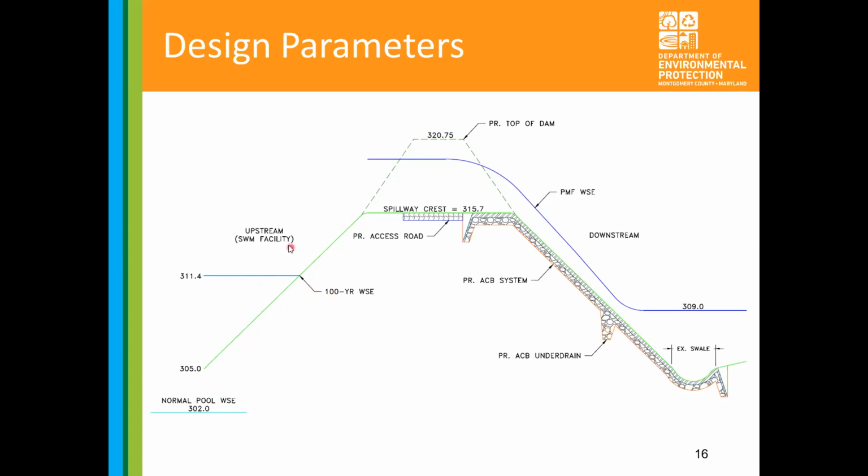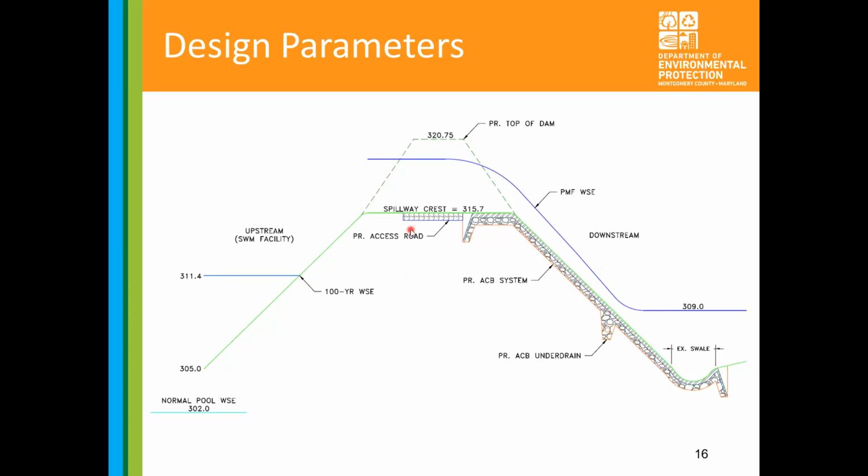The swim facility is here, and this is the same profile, but now we're adding the articulated concrete block system with the gravel layer, and there is going to be an under drain here, which is part of a safety feature of the articulated concrete blocks. In case there is some seepage through here, it'll collect that and provide some relief, as just another safety measure for this system.